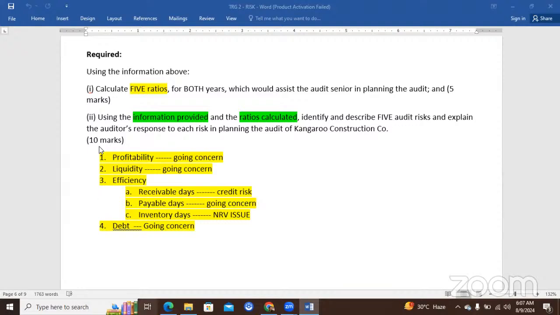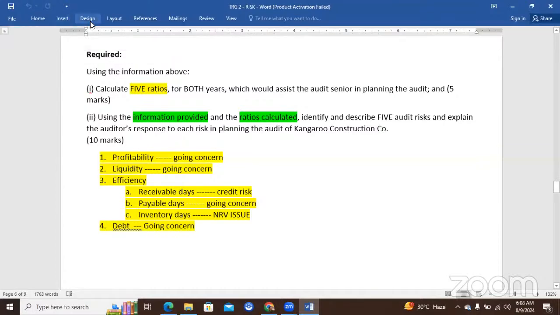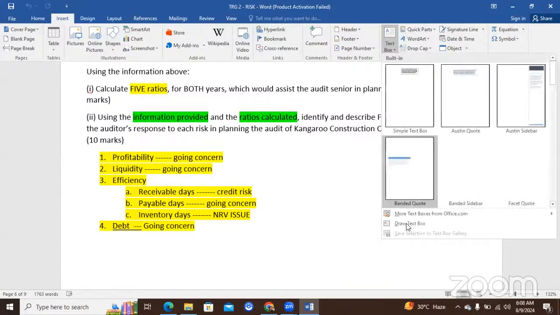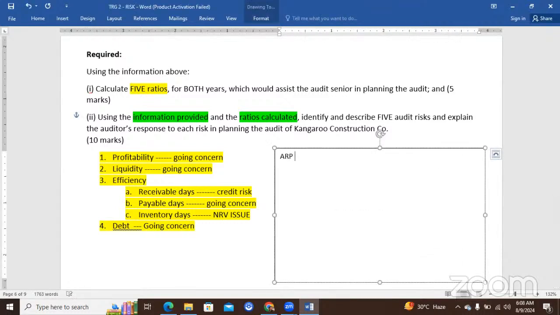Therefore, in your exercise book, students, put a subheading, question number 2, TRG. TRG question number 2, put a subheading. ARP with audit risk. Right?